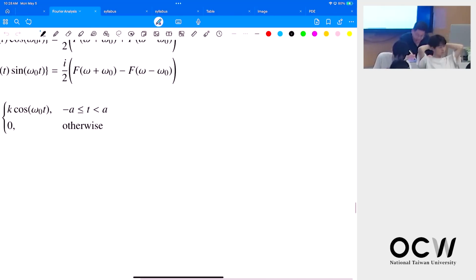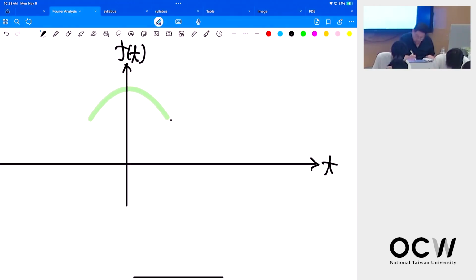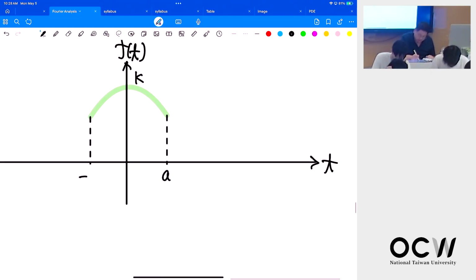So for this function, this is f of t. And then this is a, here is minus a.